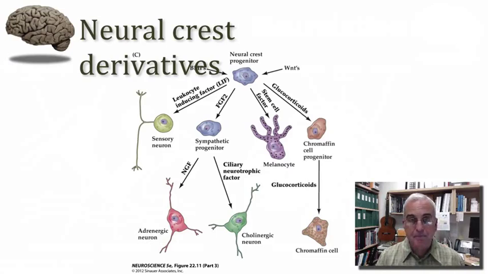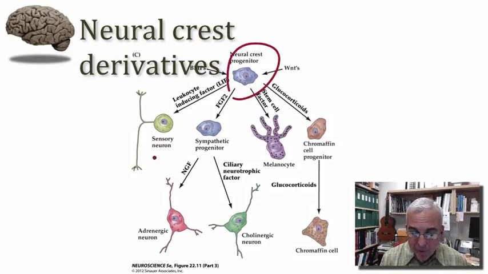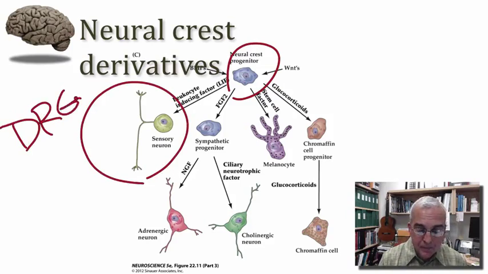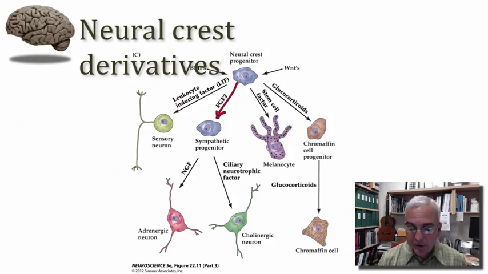So here's just a brief example of some of the derivatives of this neural crest. So the neural crest progenitor cell can be influenced by various factors to form our sensory neurons that we find in structures like the dorsal root ganglia. Other signals can induce the formation of the peripheral cells of the visceral motor system.